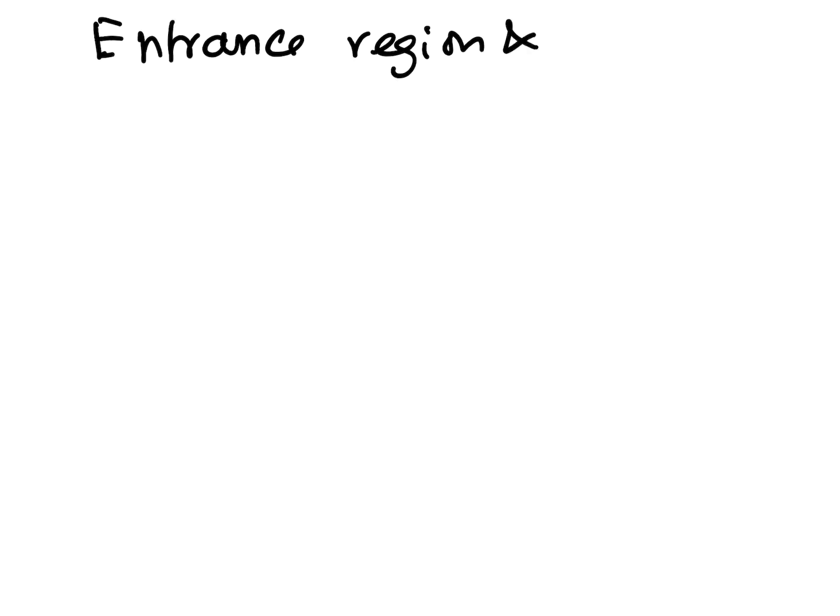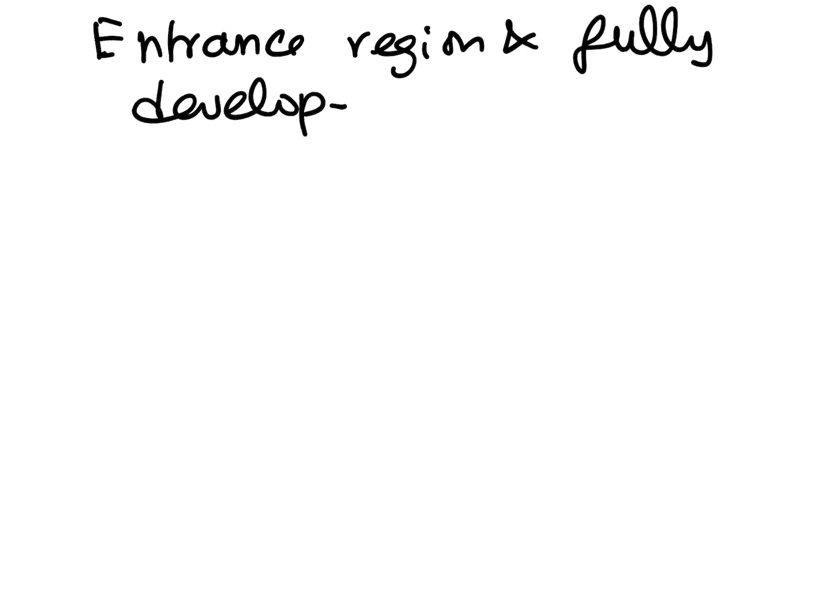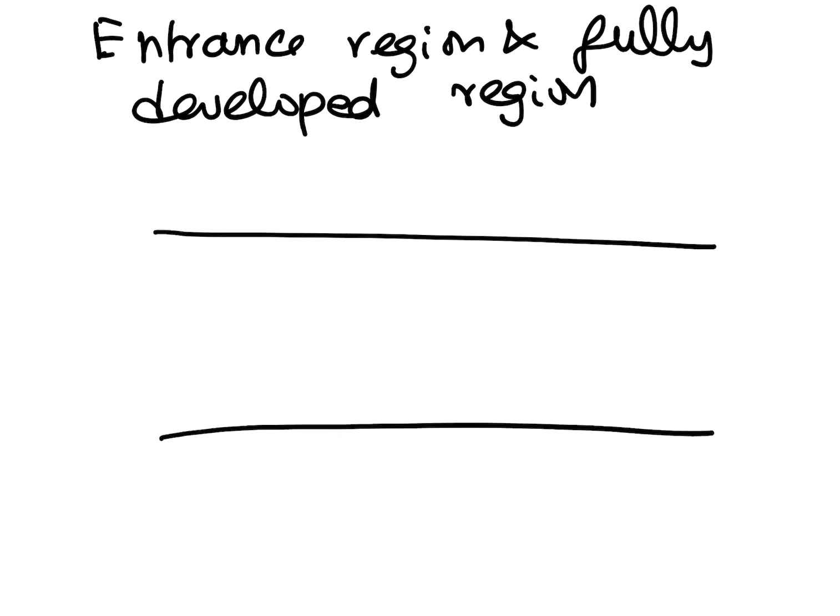The other characteristic of pipe flow is that of the entrance region and fully developed region. Now what do I mean by that? Let's say I have a pipe, and I have flow entering the pipe.